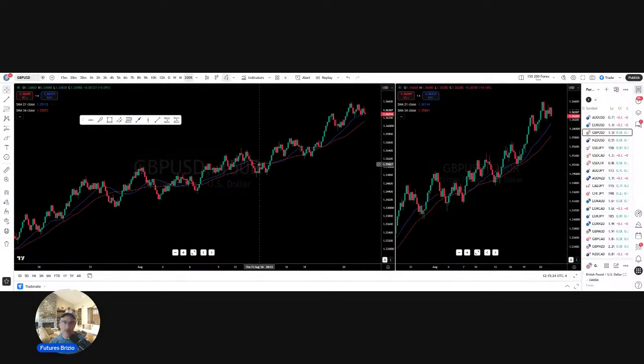Pound US dollar long. This one was, again, a bounce off the moving averages. You can see we're kind of going sideways. I'm actually not a big fan of this one right now because, first of all, it didn't really dive deep enough into my moving average structure like you see here.